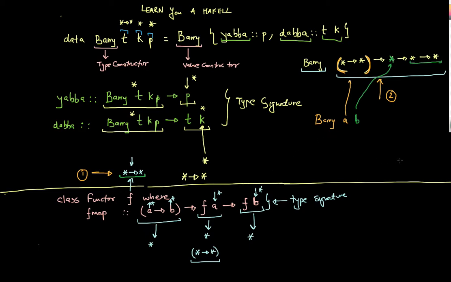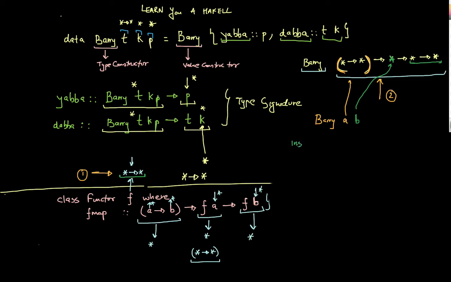So what I'm going to do now is create an instance, and I need some space here, so let me erase some space. Let's make Barry AB an instance of my functor type class.